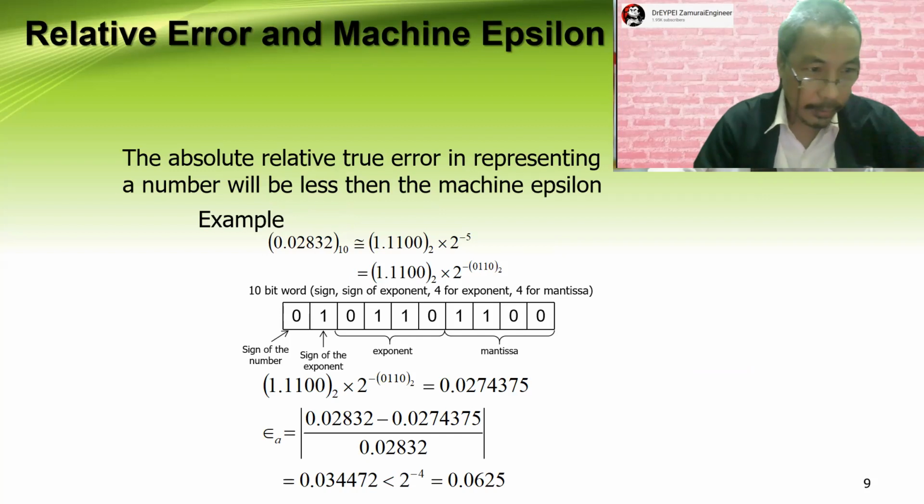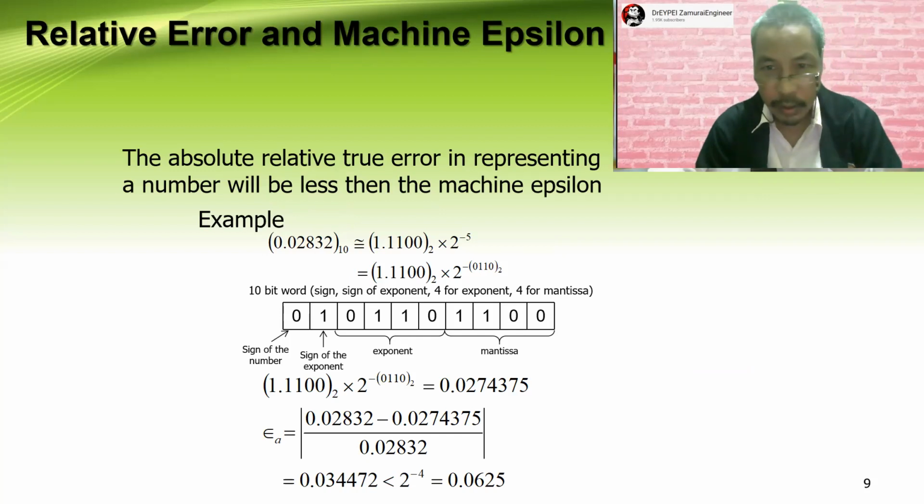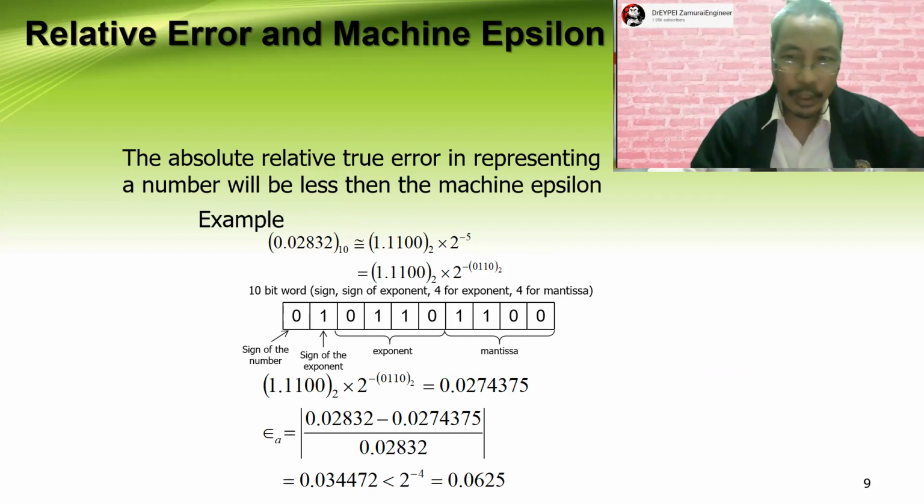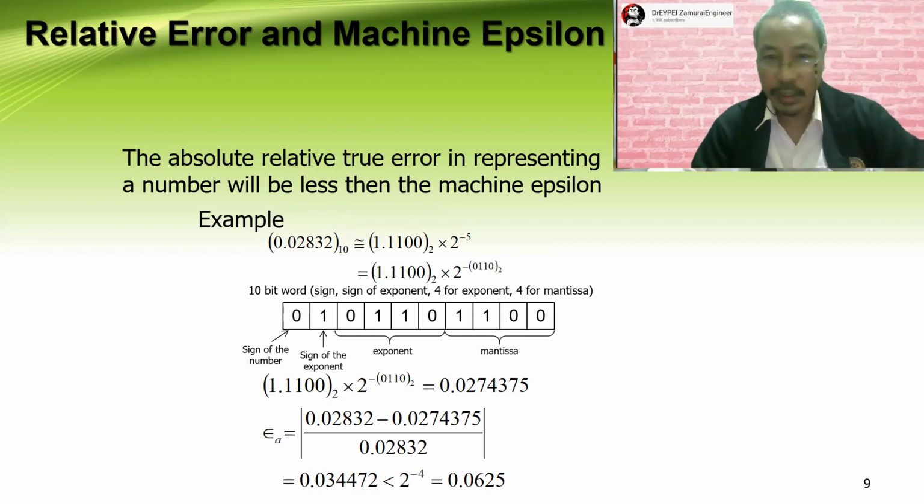Okay, relative error and machine epsilon. The absolute relative true error in representing a number will be less than the machine epsilon. So that's why machine epsilon is important because it shows us some limitation. Machine epsilon is limitation.